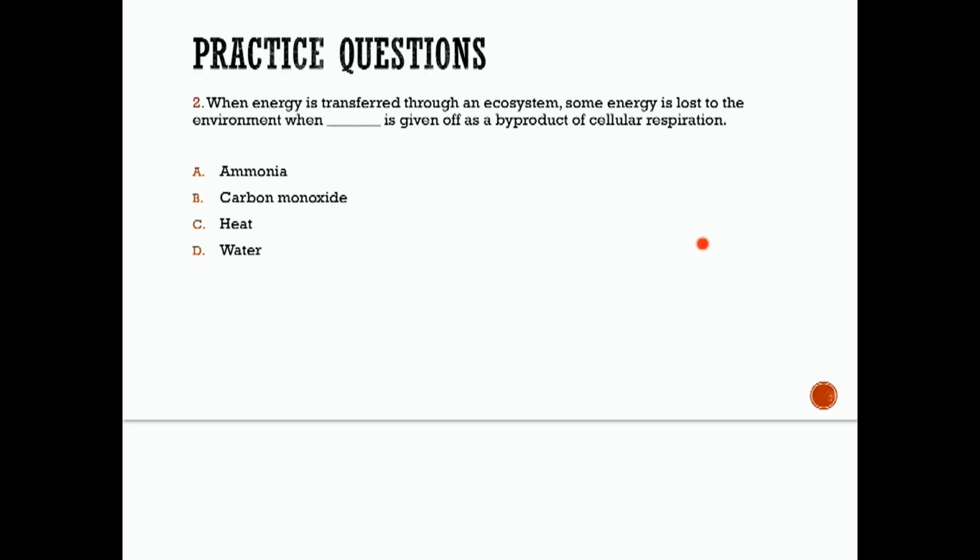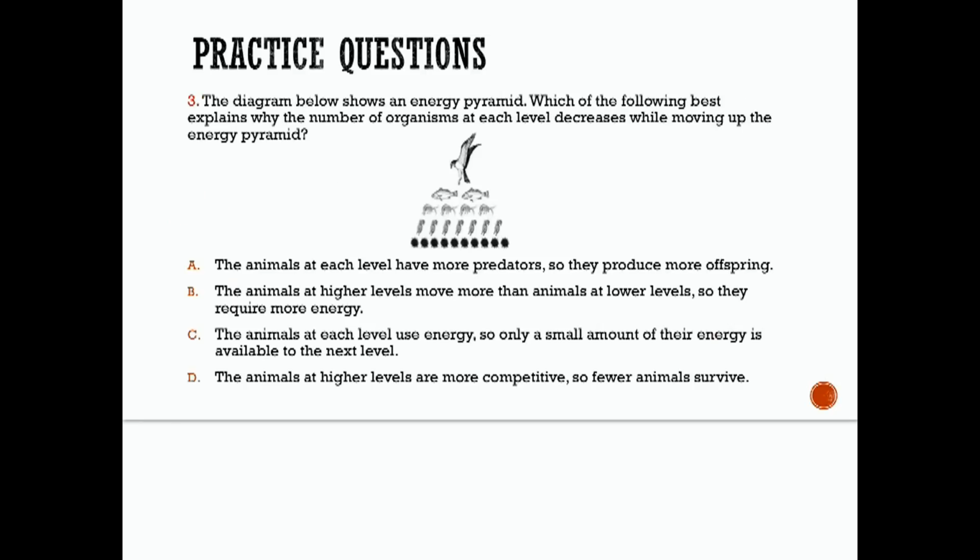If you remember a bunch of those cycles we looked at, it had the arrow going to the environment for heat. So 2 would be C, heat. Some energy is lost to the environment when heat is given off as a byproduct of cellular respiration.